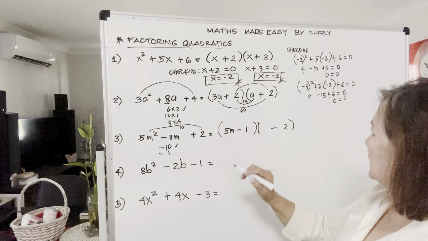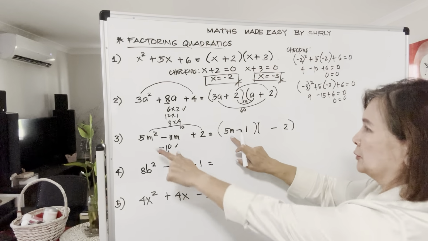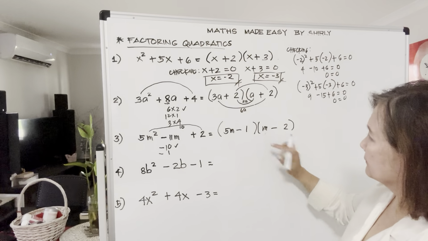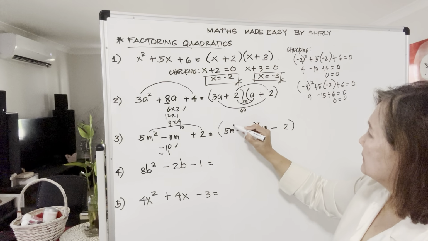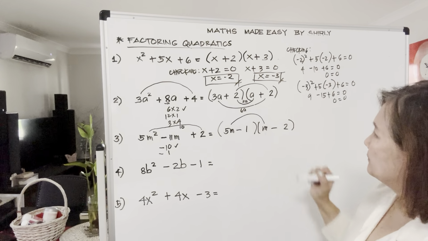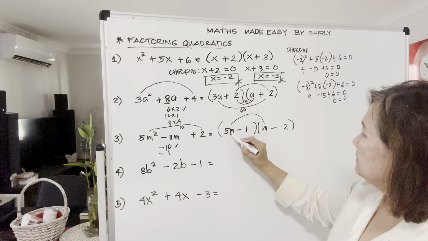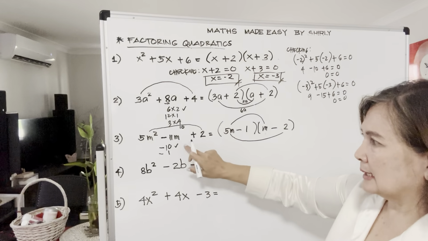Negative 1 times negative 2, that is positive 2. But let us multiply 5m to get your m squared. Of course, that is m. So 5m times m, that is 5m squared. 5m times negative 2, that is negative 10m.